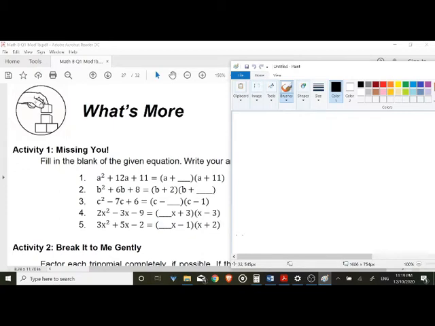So, we have an example here. Number 1. Sagutan na lang po natin a squared plus 12a plus 11. So, diretso na lang po tayo sa sagot para masabay po natin yung explanation at ang pagpapakita ng solusyon ng kasagutan na nasa answer key.